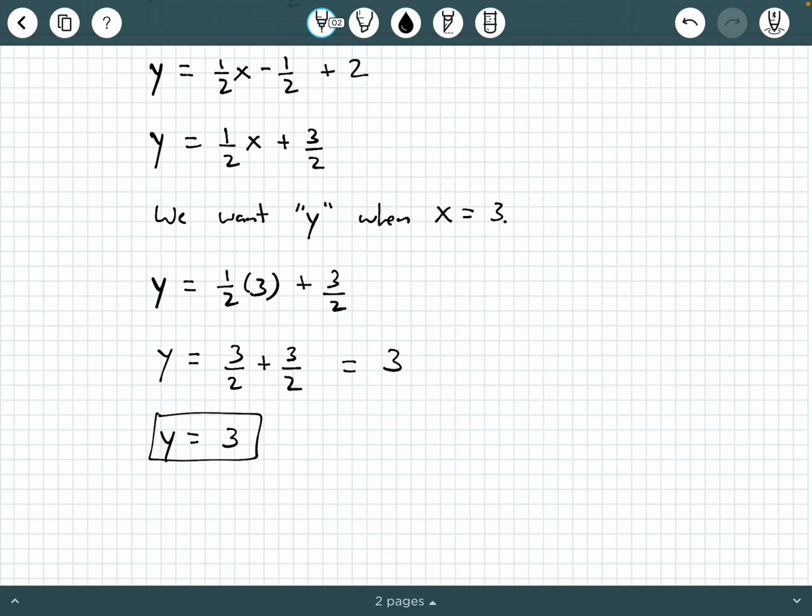Those of you who saw my video explaining linear interpolation might notice that the first linear interpolation example in that intro video was this same data set, and in that video we used linear interpolation to get the same value of y equals 3.